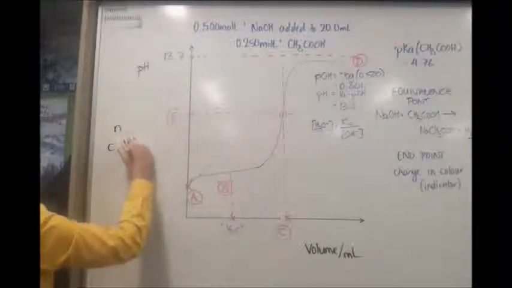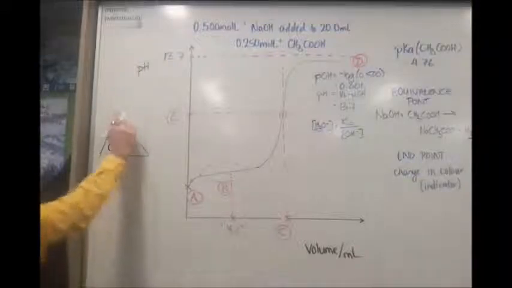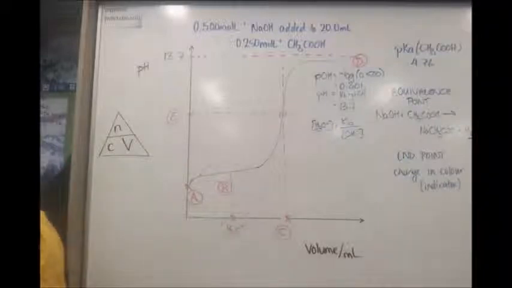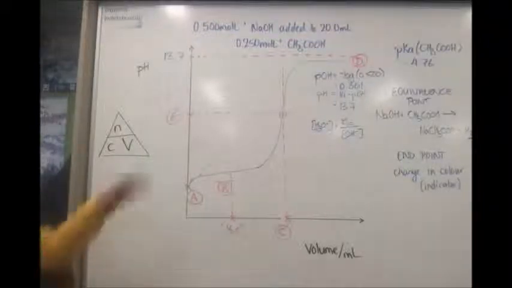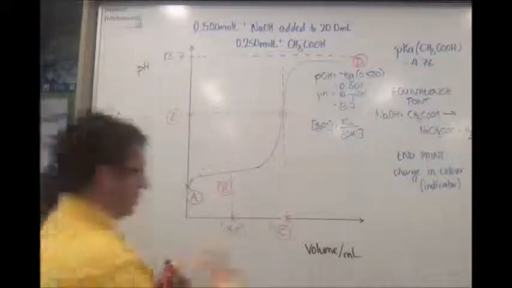So if I want to find volume, I go number of moles divided by concentration. And if I do that, I get 0.0100. So what's that in millilitres? Not quite. 10. Okay, so half the volume required. So I can now put in 10 mils here.